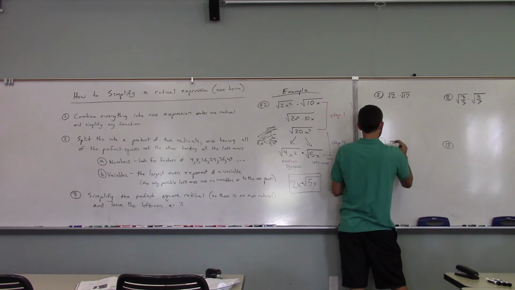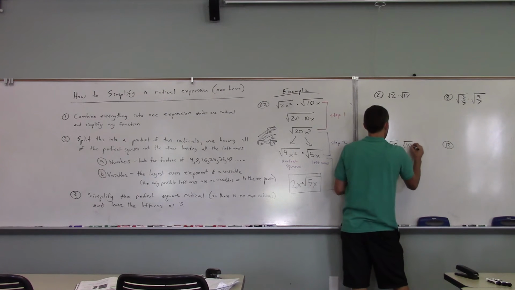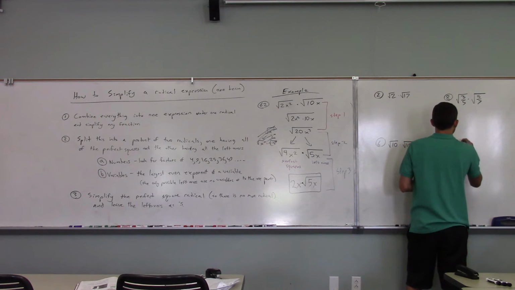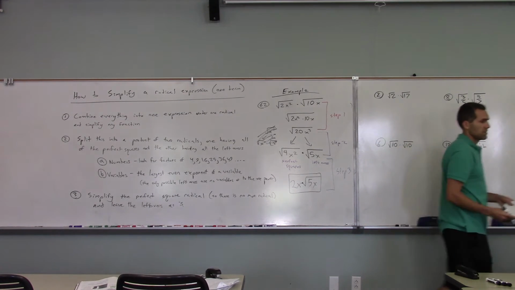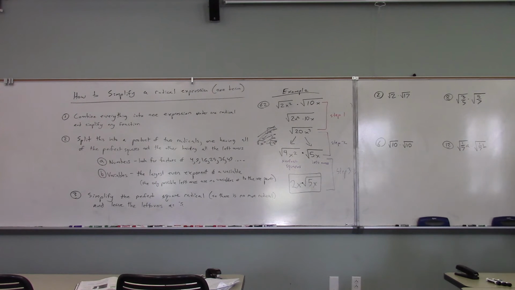This is square root of 10 times square root of 10. This is square root of 1/7 times square root of 1/7. Okay, let's do these ones together. And we'll do a few more together. And then I'll just put like 10 plus problems up on the board and you guys come up and do them.